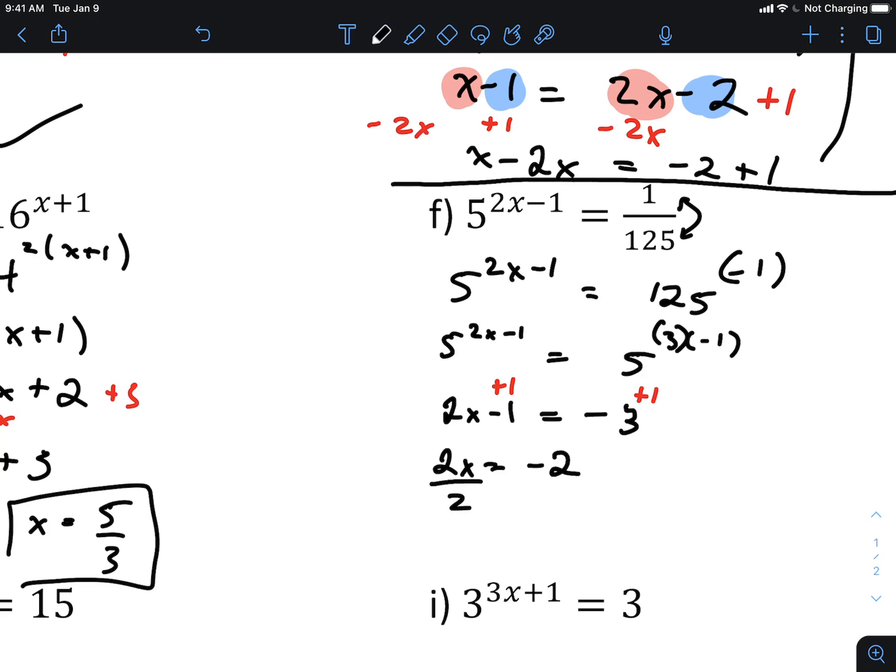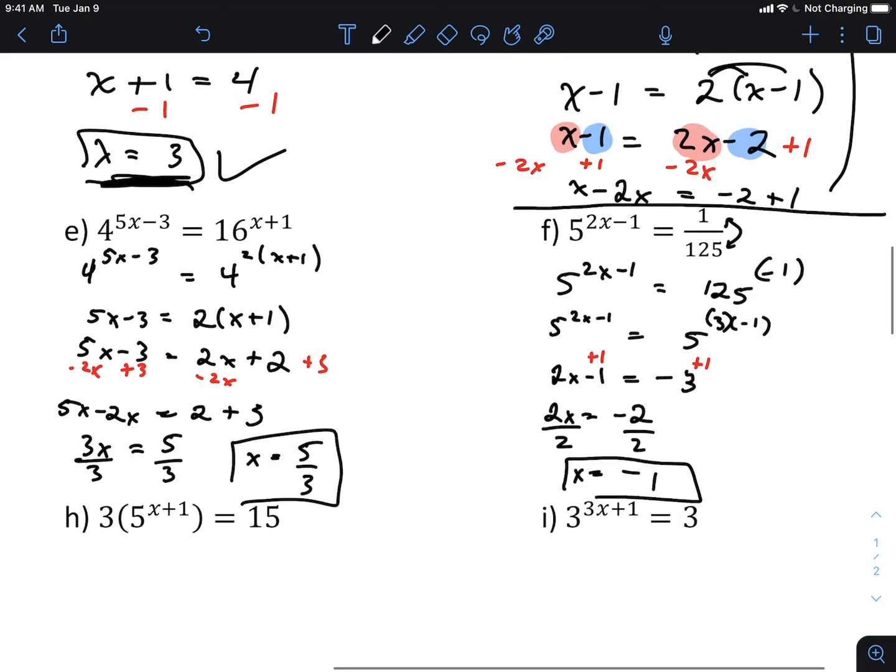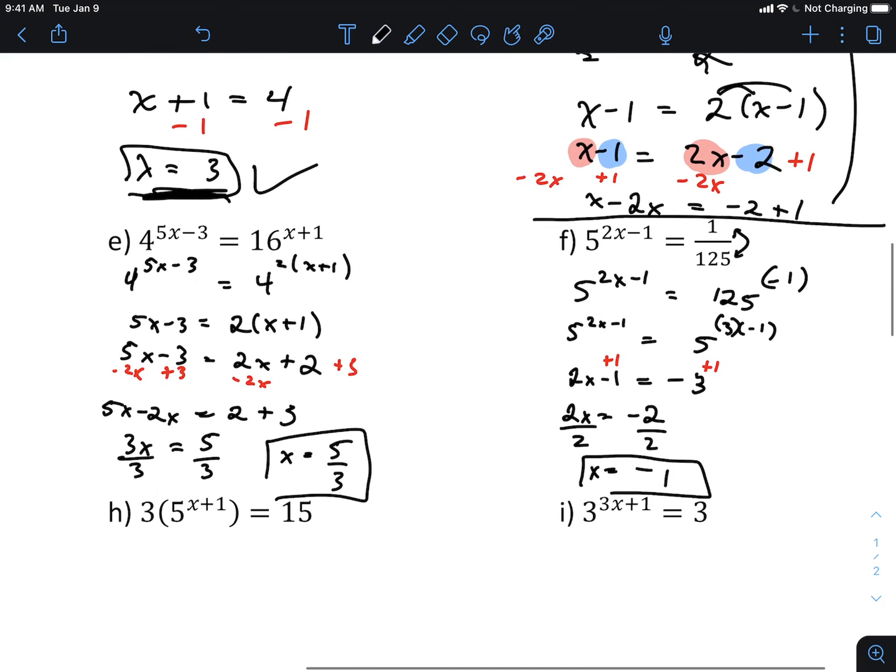Divide both sides by 2. And you get x equals -1. A trick here, just a negative exponent. Oh, you guys could deal with that.